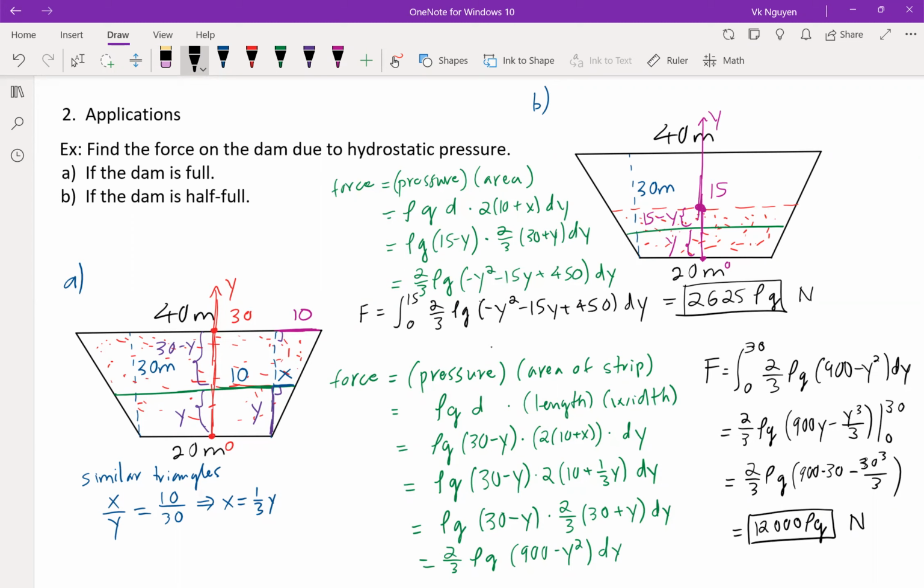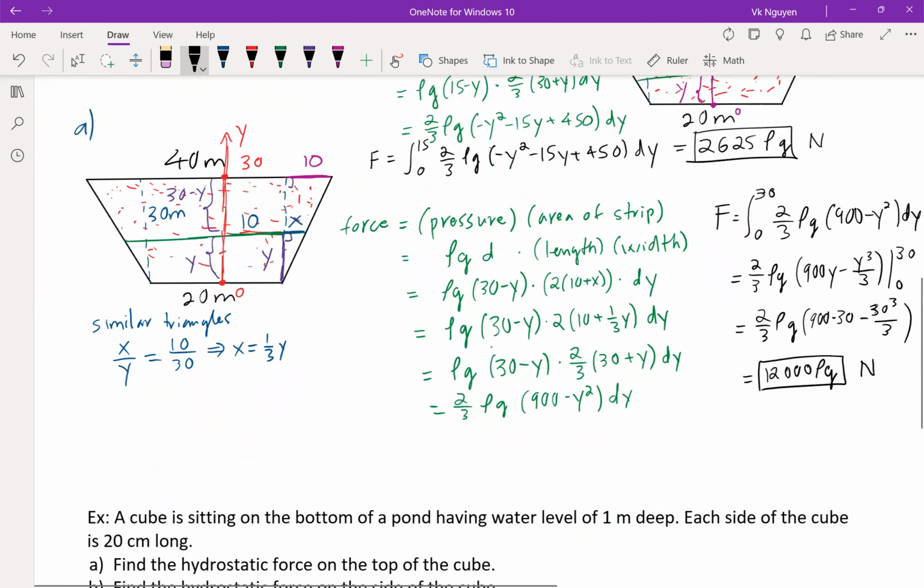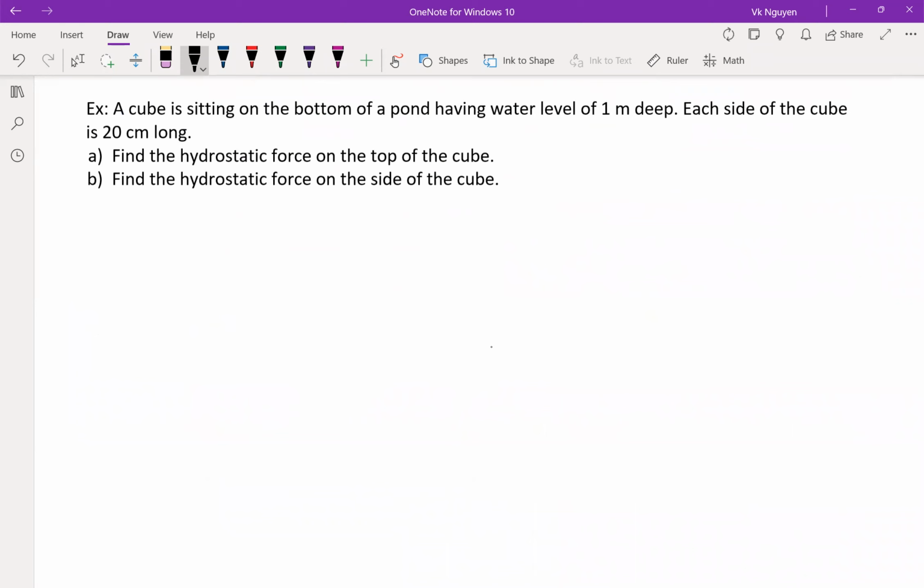Okay, there's another cool application. Let's take a look at it. Second application: a cube is sitting on the bottom of a pond having water level 1 meter deep. Each side of the cube is 20 centimeters long. We want to find the hydrostatic force on the top of the cube and the hydrostatic force on the side of the cube.